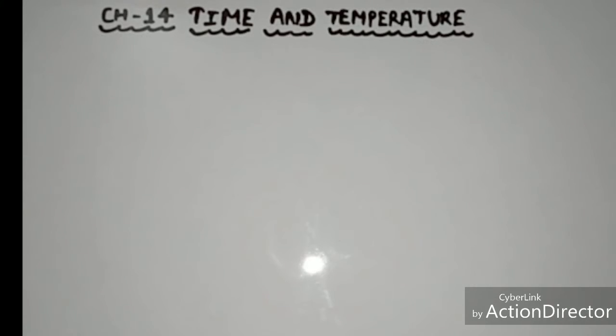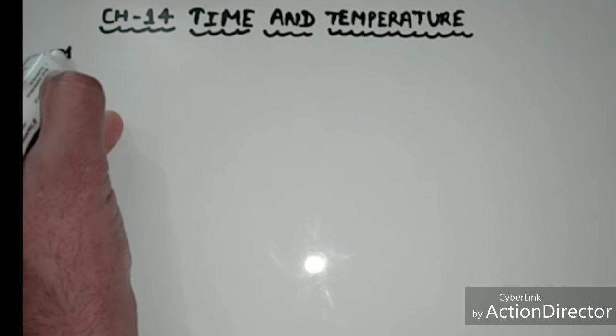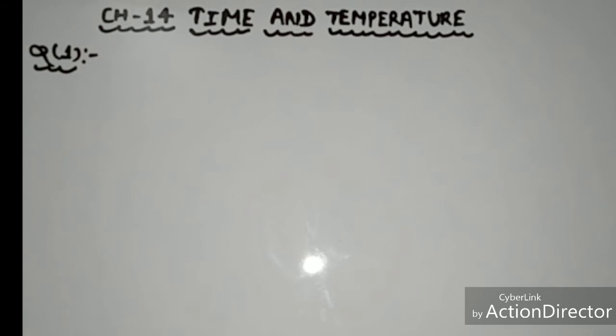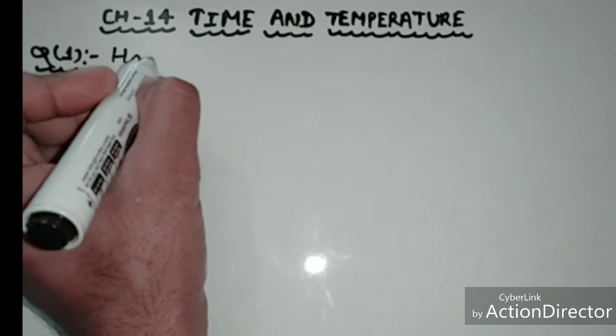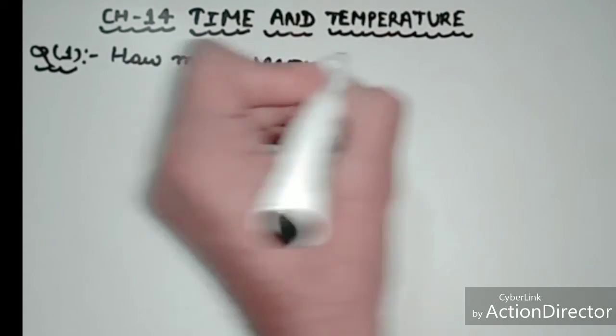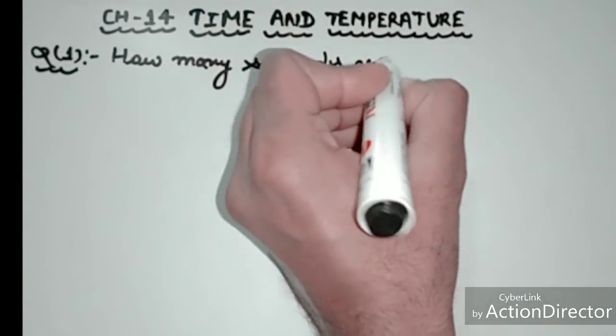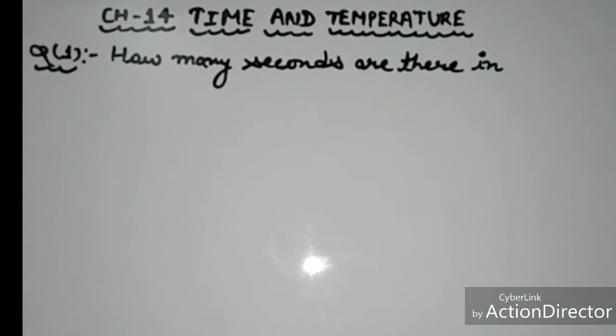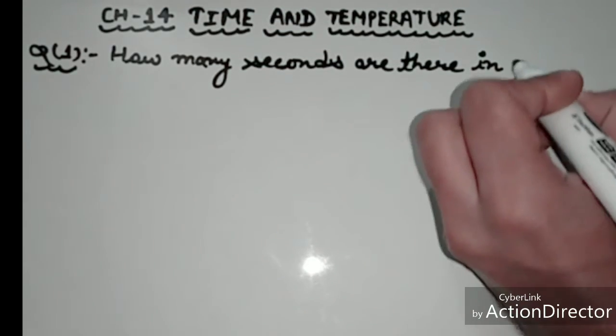Now here we will solve some examples related to conversion of units of time. The first example: how many seconds are there in the following times?